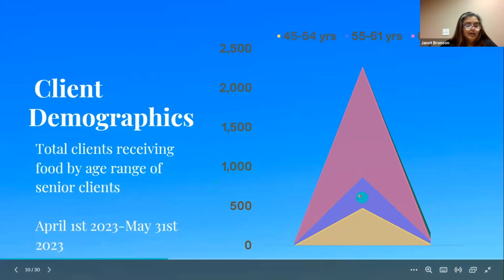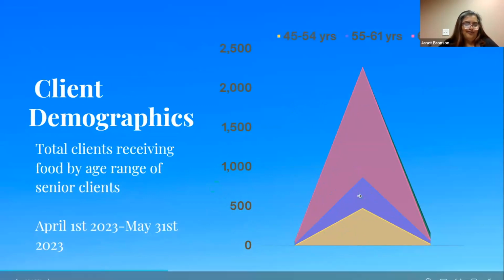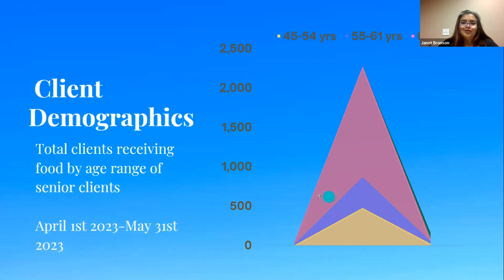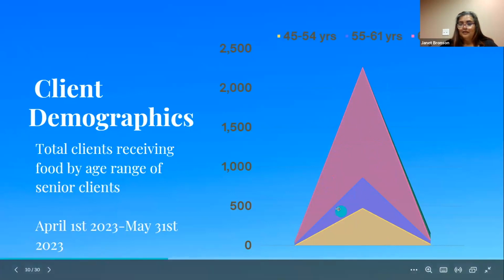Now, we had 388 persons served between the ages of 55 and 61. But let's notice right here how the number of people served between the ages of 62 and above spiked to 1,400 people served. It's 1,400 seniors, 62 and above. Really shows the need.